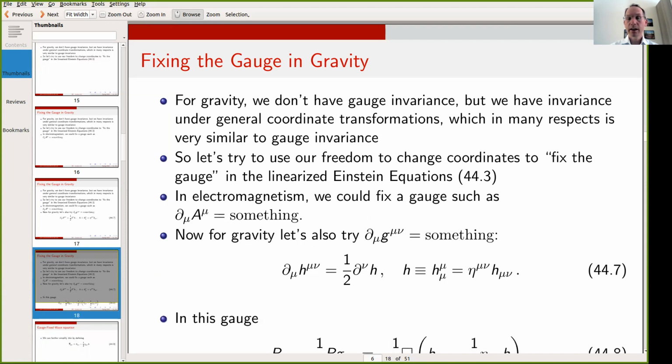In this particular gauge, it turns out that the linearized Einstein equations simplify considerably. If you look back at equation 44.3, this expression was much more complicated. Using this gauge choice, the Einstein tensor becomes -1/2 times box of this particular combination, h_μν - 1/2 h η_μν.